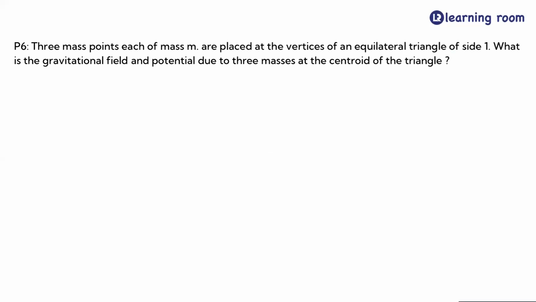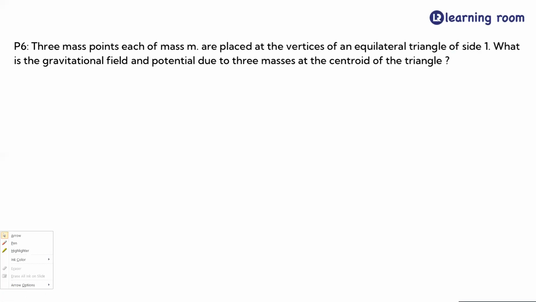Try this problem, but I'm making a small change in it. Three masses, each of mass m, are placed at the vertices of an equilateral triangle of side 1 meter. Okay, here it is 1 meter. Instead of field, I'm going to ask you what is the gravitational potential energy of the system and potential due to these three masses at the centroid.